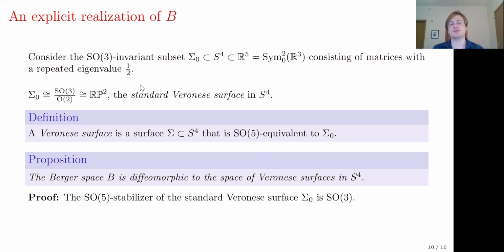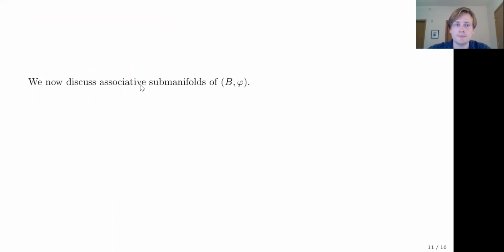So that immediately gives you the result that the space of Veronese surfaces is SO5 mod SO3. Okay, but this realization is really useful because now we can think about points, or submanifolds, of B as being like families of surfaces in S4, and that gives us a much better geometric picture of what's going on. Okay, so we can now get on to the main part of our talk.